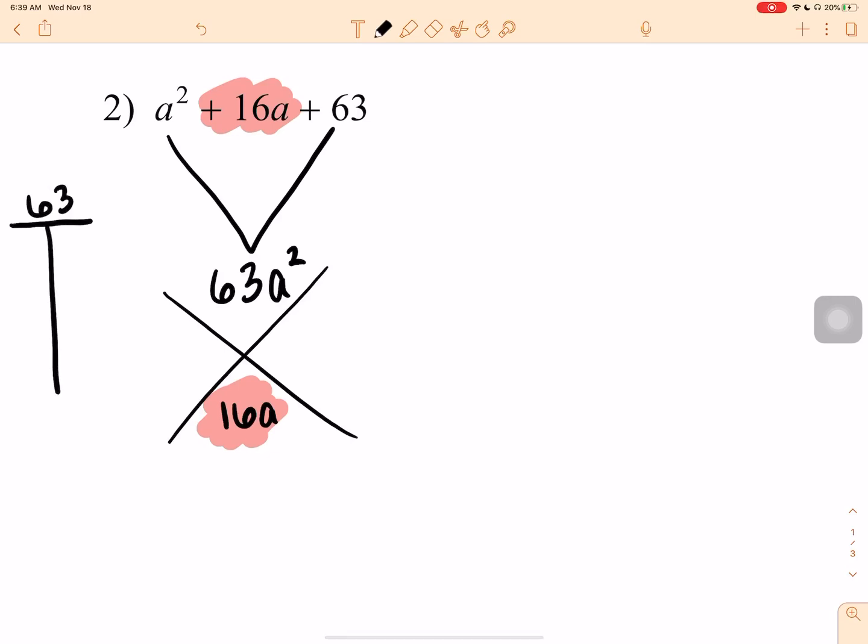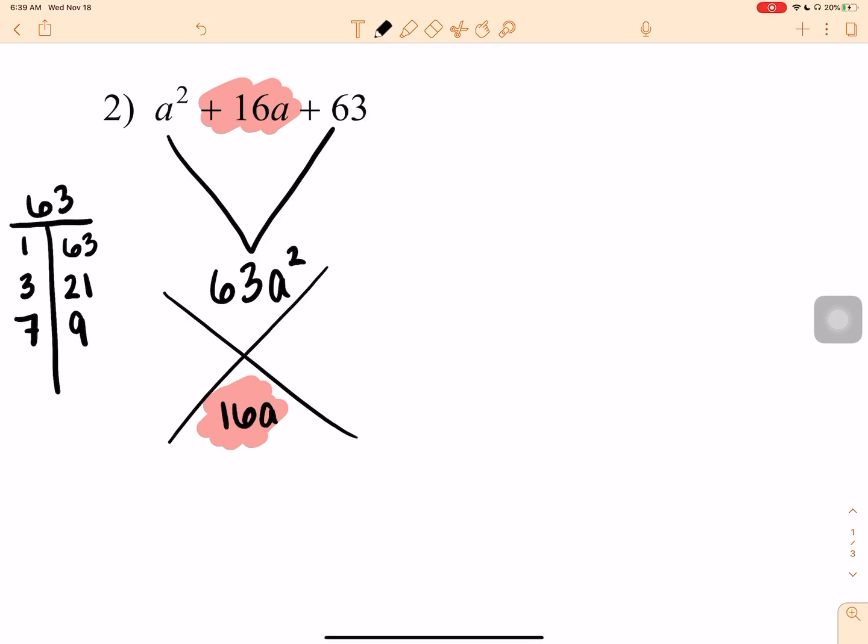I always start off with 1. So basically you think of like, okay, 63 divided by 1 is 63. 63 divided by 2, that doesn't work because it's not an even number. But 63 divided by 3 works, so that's going to be 21. 4 does not go into 63, and neither does 5, neither does 6. 7 does, right? 63 divided by 7 is 9.